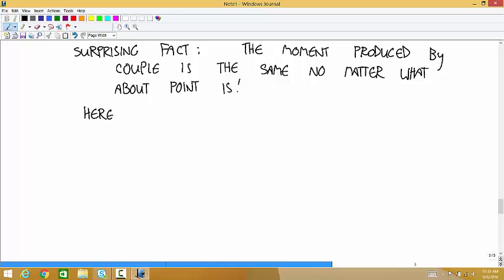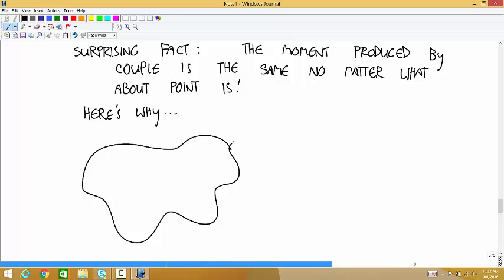Here's why. So let's say this is the body. And let's say that there's a force vector F acting here. I'll call that point P1.